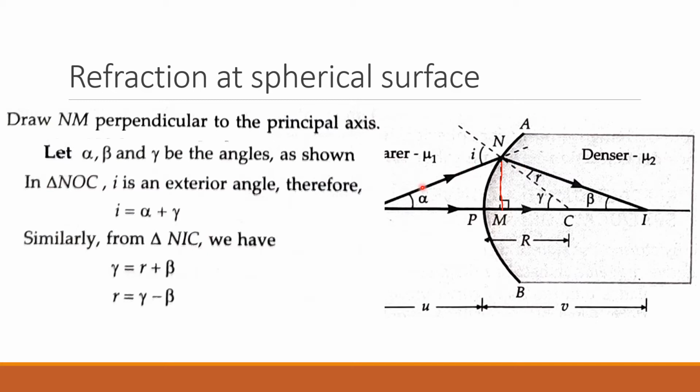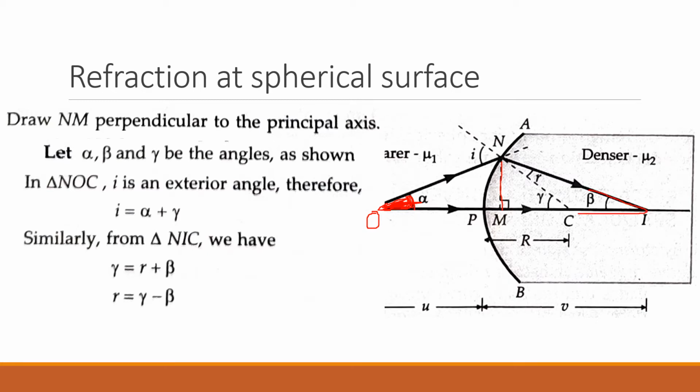Now let us consider this ray. It makes some angle. So let us denote this angle as alpha. Now consider this angle.